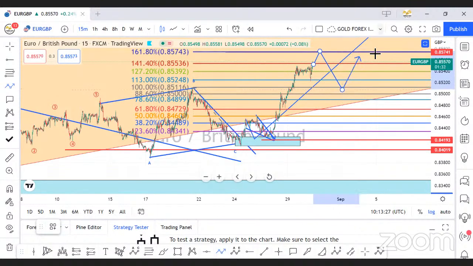Then we could see another move up, to be with 1, 2, 3, 4, 5. So I'm expecting a bounce of around this area before we see a sell, then we see a very big up move. That's what I'm expecting.